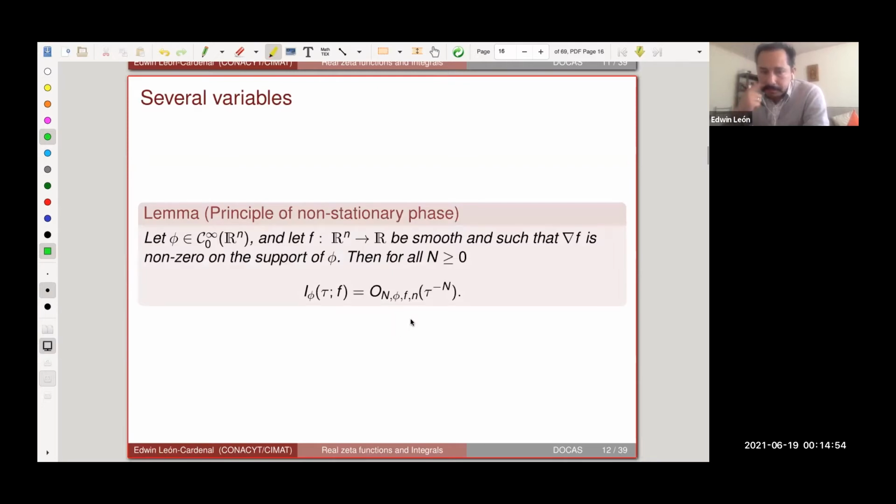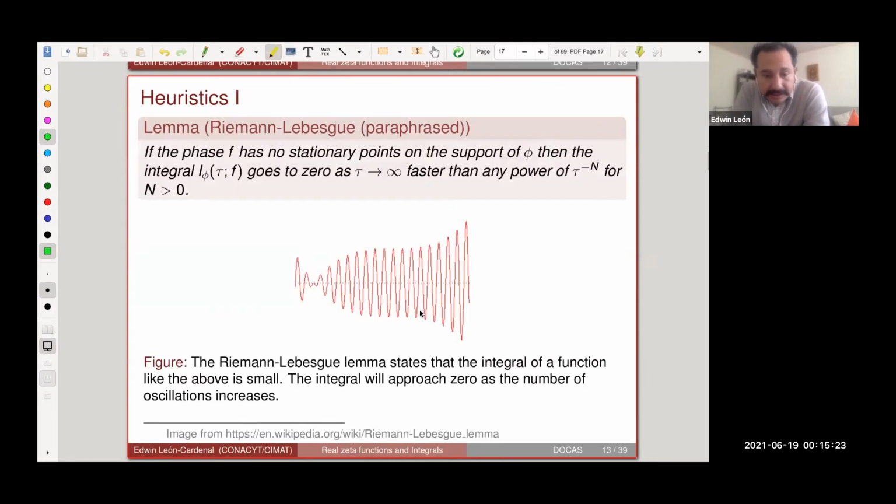So in several variables, the thing is more or less the same. In this case, you need to ask that the gradient of the function is non-zero on the support of phi, and then you can find the asymptotics, and the constant here depends on several parameters. Okay, but this is the easy case.